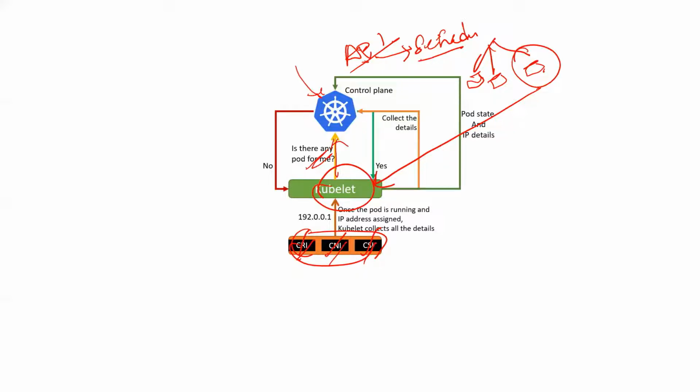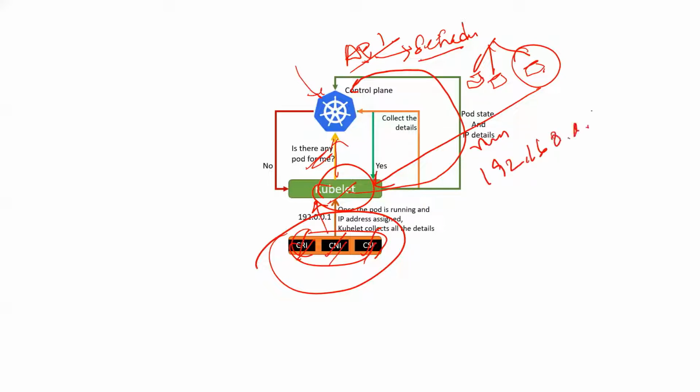So these take care of all these operations. Then the kubelet receives the IP. Now the kubelet goes to the control plane and says, hey, I have successfully launched this pod and it is running with this IP, 192.168.0.1.